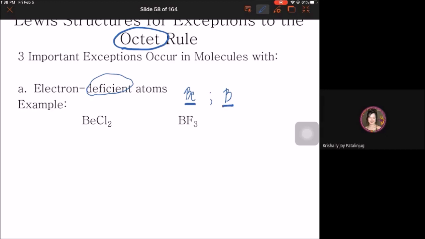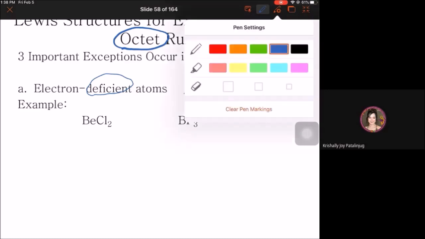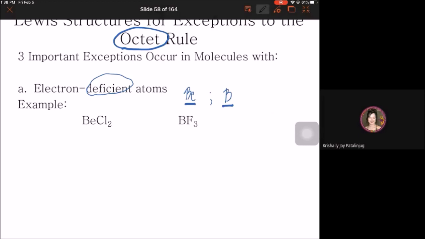So say for example, ang molecule na given is beryllium chloride. Okay? So, kung i-try nyo ngayon i-draw yung Lewis structure nila sa notes, you will come up with this structure. Beryllium as the central atom, then meron siyang dalawang chlorine as the surrounding atoms.